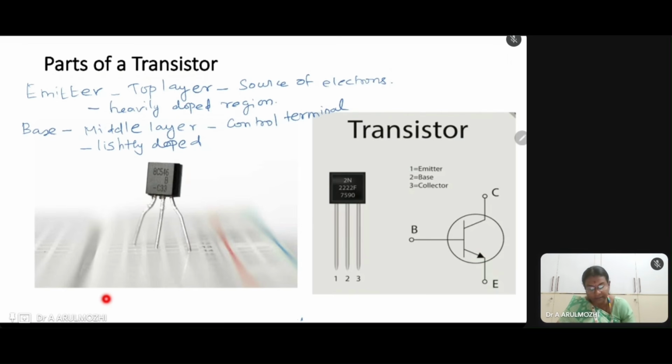Okay, so next one is the third layer. Third is our collector. So the top layer is completed, the middle layer is also completed. Then the third one is our bottom layer. It acts as the drain, which means collecting electrons sent from the emitter.